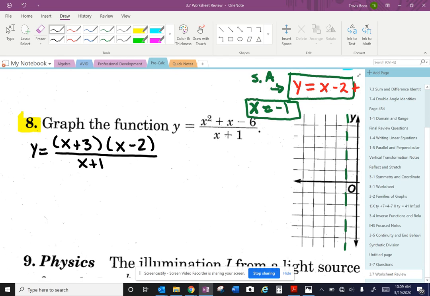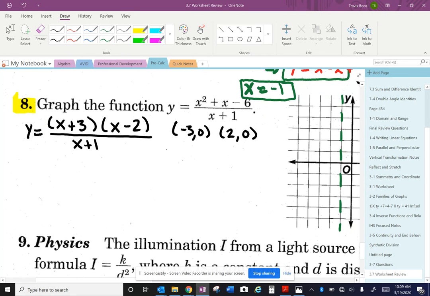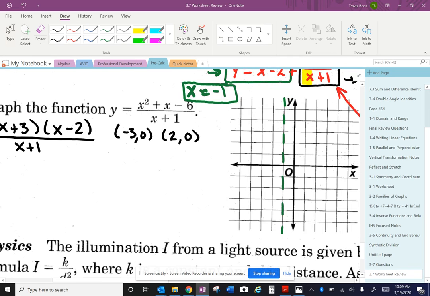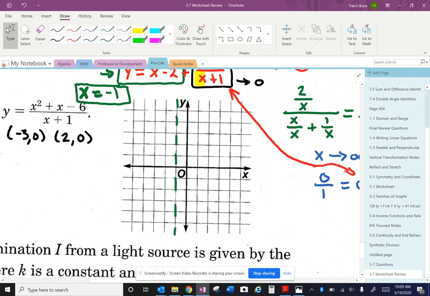Well, that tells me some critical points. That tells me that there's a point at negative 3, 0, and there's also a point at 2, 0. In other words, when I plug in negative 3 and 2 for x, I get the outputs of 0. So negative 3, 0, that's going to be part of my graph, and 2, 0, that's going to be part of my graph.